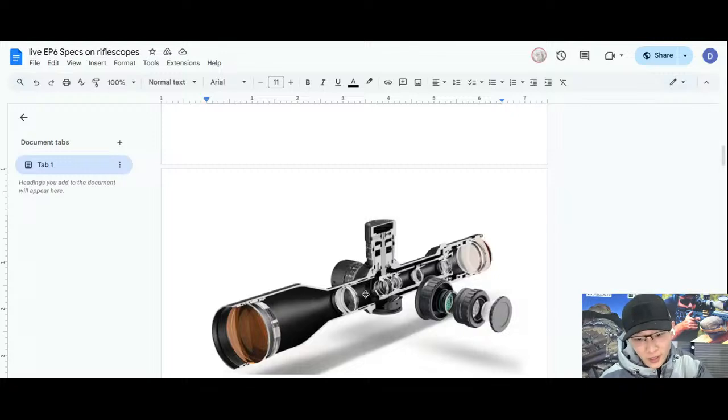So do not over torque your rings, especially the front part, because on the back here, there's a big gap between the tube and the erector assembly. I'm not recommending over torquing this one either, but if you can avoid it, definitely do not over torque the front, because that could cause more problems than over torquing this one.